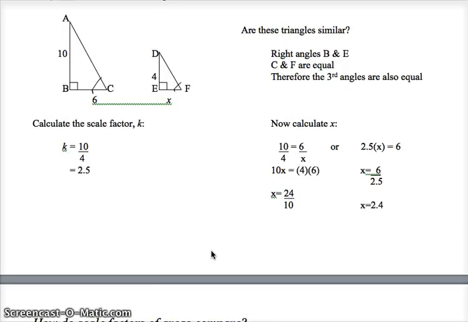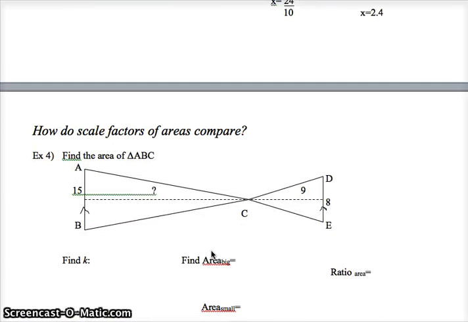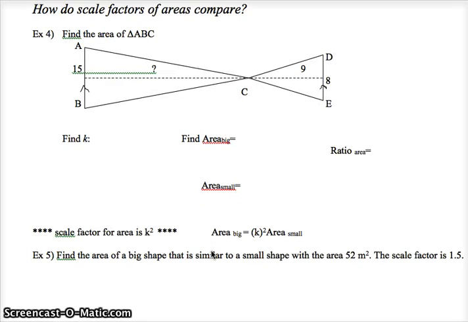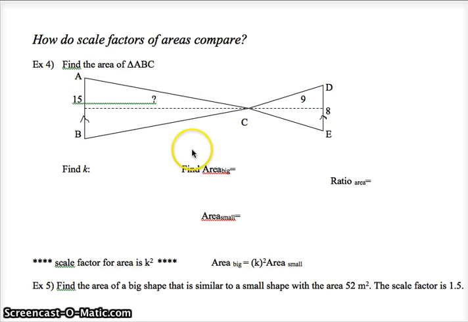All right, so how do scale factors for areas compare? Okay, so there's various ways that we could go about that. If we're looking at this scenario, find the area of triangle ABC, we would need to know the base and the height.